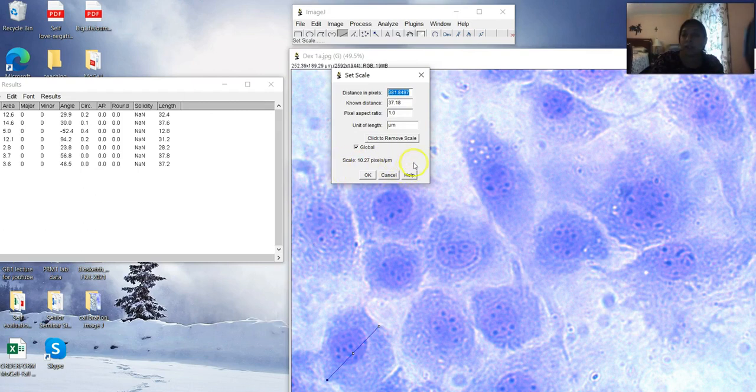So the scale should be set corresponding to the magnification of your analysis image as you calculated it using your stage micrometer. Hope that helps. And that's it. Take care.